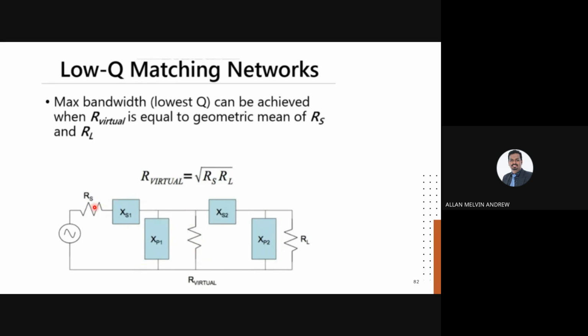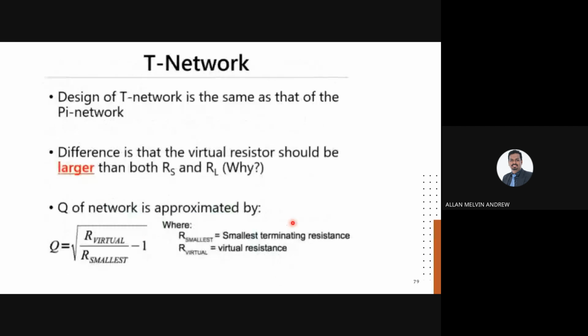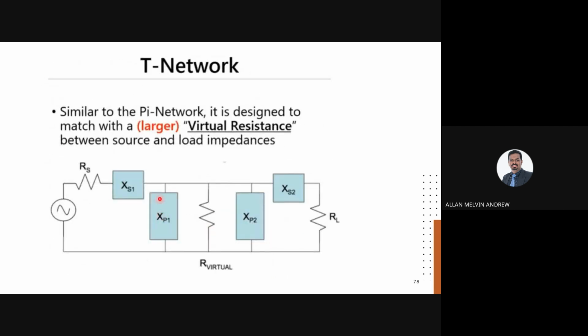Here you can see this is one network and this is another network. Earlier we have seen how it was; compared to that, this is more back to back, where R virtual is in between.